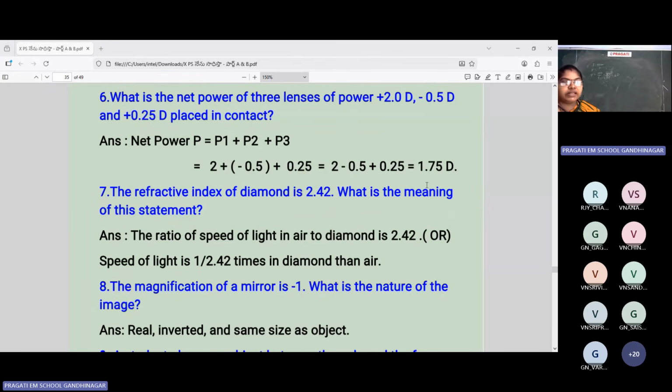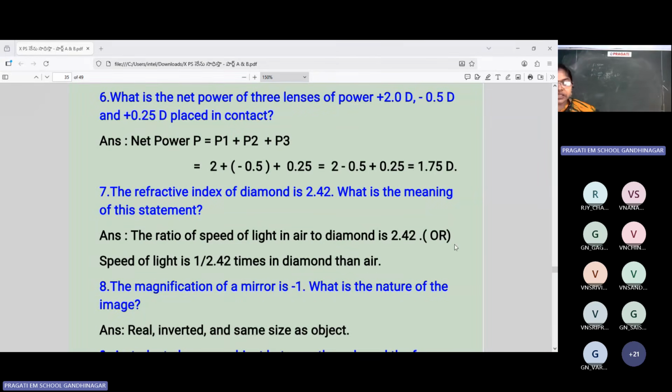He asked net power. So net power P is equal to P1 plus P2 plus P3. So 2 minus 0.5 plus 0.25, 1.75D. He asked only the net power. If he asked focal length, again you have to do the problem.